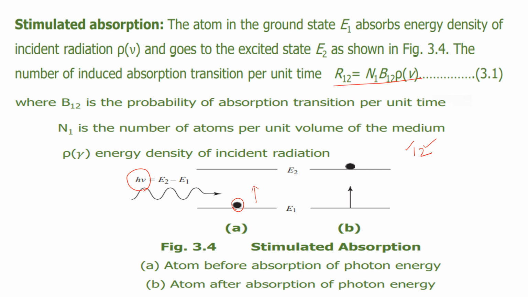N1 is the number of atoms at the E1 energy state. B12 is the probability of absorption transition per unit time, that is, how many atoms are absorbed in 1 second. Rho nu denotes the energy density of incident radiation.